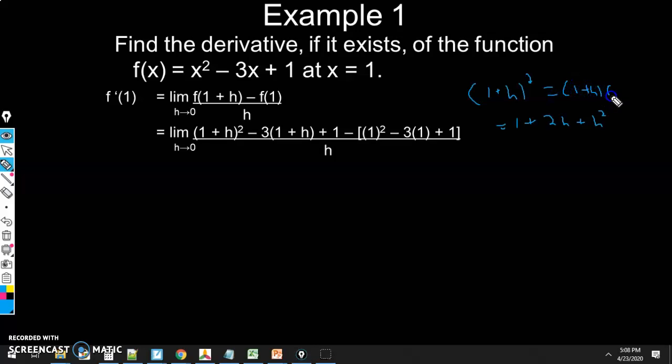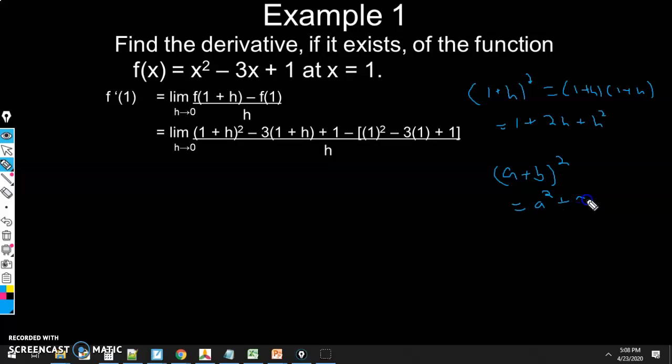1 plus h times the quantity 1 plus h. If you FOIL it, you'll get this, okay? Anytime you have a binomial squared, quantity a plus b squared, you want to memorize this, guys, because this is going to be helpful for a lot of stuff down the way.